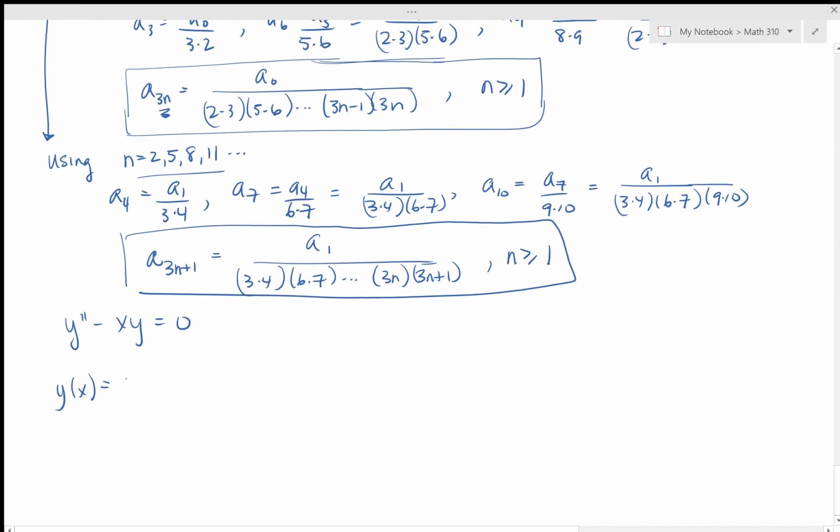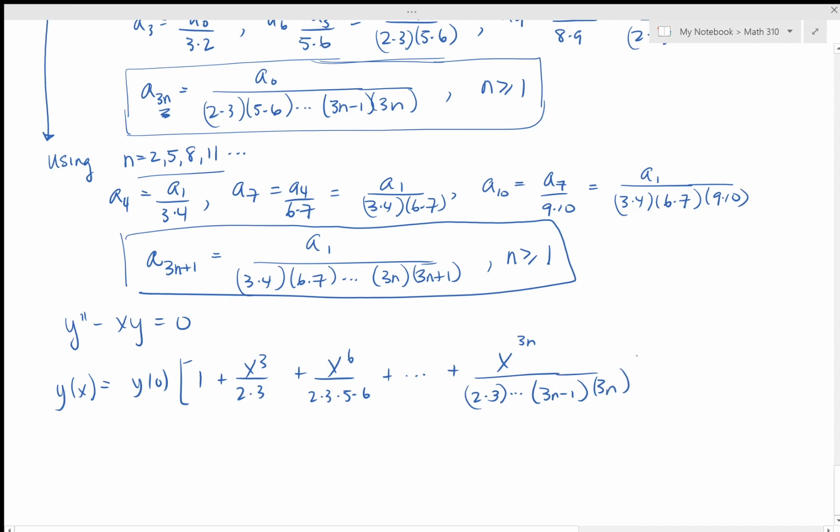So here I have y of 0, and then these terms: x cubed over 2 times 3, plus x to the 6 over 2 times 3 times 5 times 6, plus dot dot dot, plus the nth term looking like this, x to the 3n over 2 times 3 dot dot dot (3n minus 1) times 3n, and then plus dot dot dot.